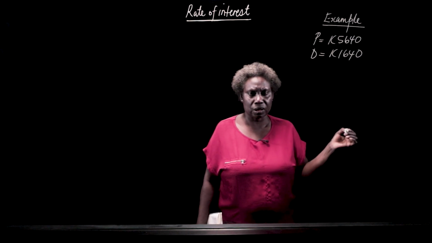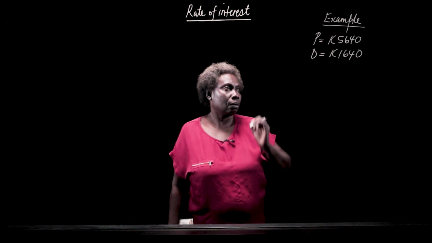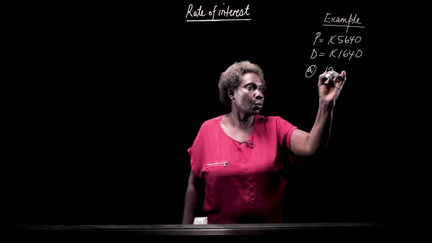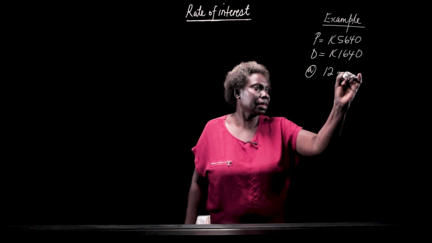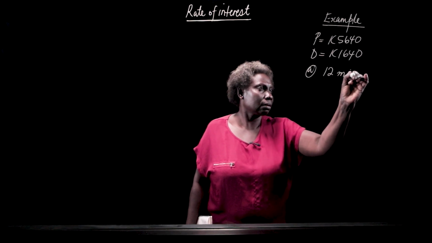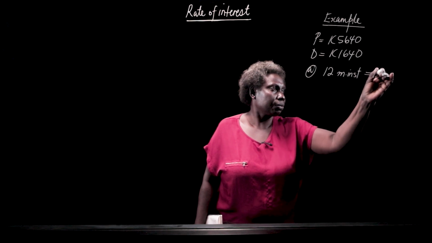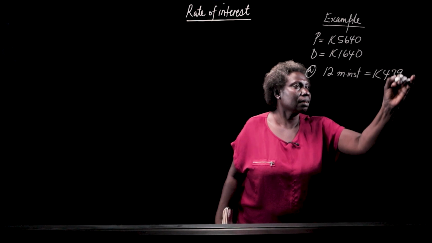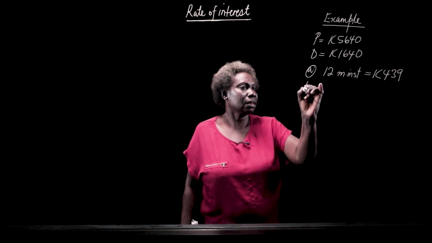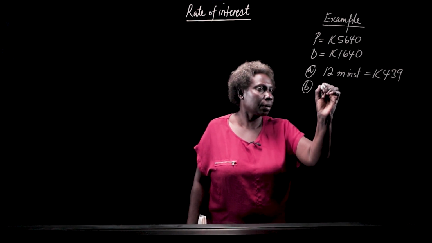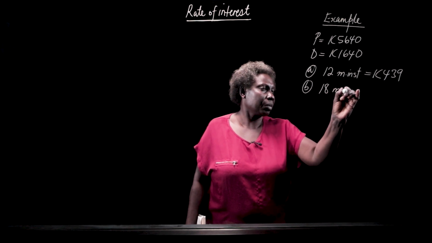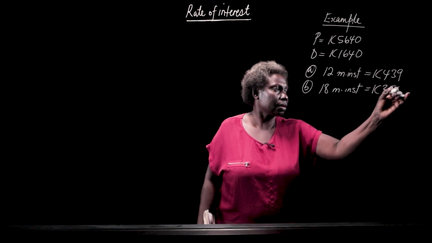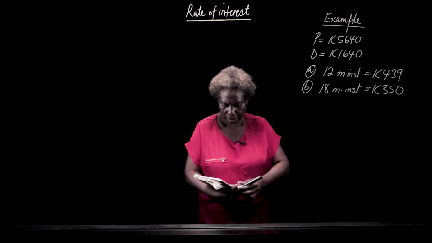She has two options to buy the scooter. Option A, 12 monthly installments of 439 kina, and option B, 18 monthly installments of 350 kina.